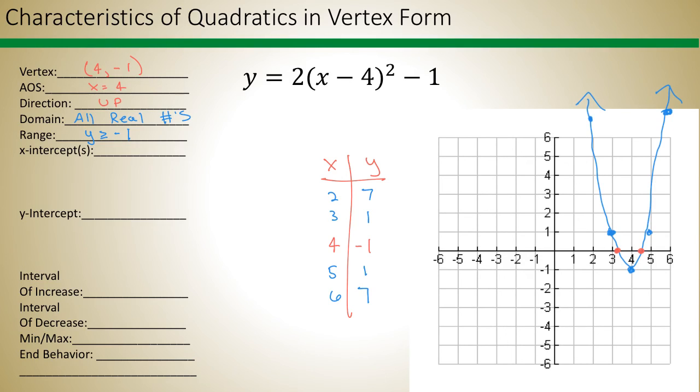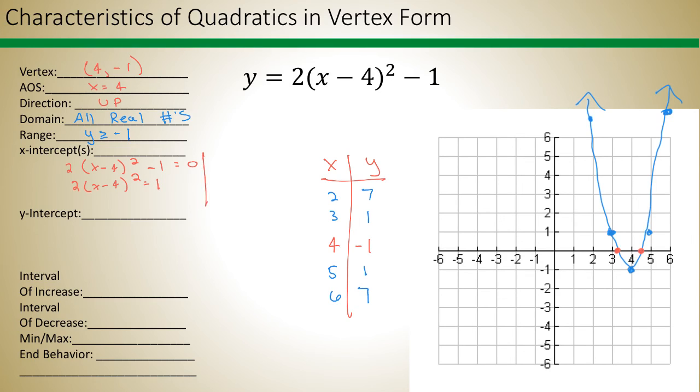So here's what we're going to do. We're going to set this equal to 0. So I have 2 times (x minus 4) squared minus 1 equal to 0, and solve. We're going to add 1 to both sides. That gives me 2 times (x minus 4) squared is equal to 1.